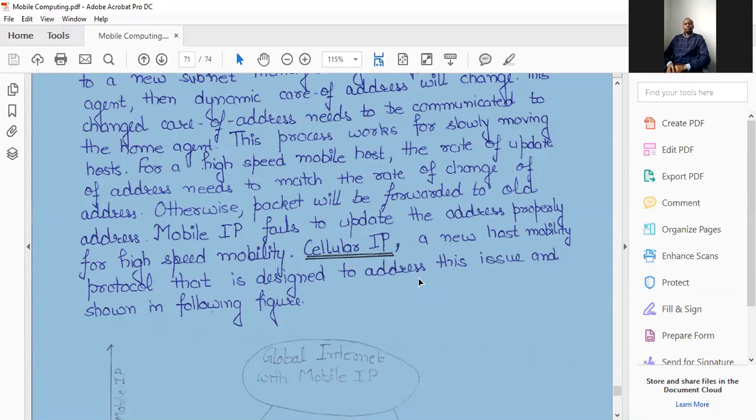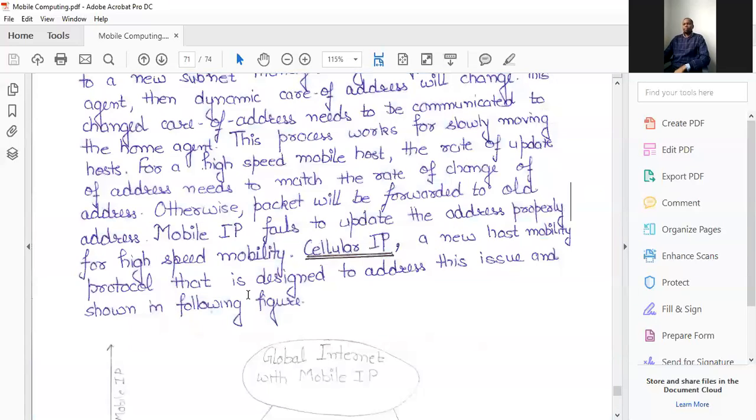You'll realize that I'll be moving from one network to another, and mobile IP doesn't address the issue of how we give mobile phones communication addresses when they are changing from one network to another.